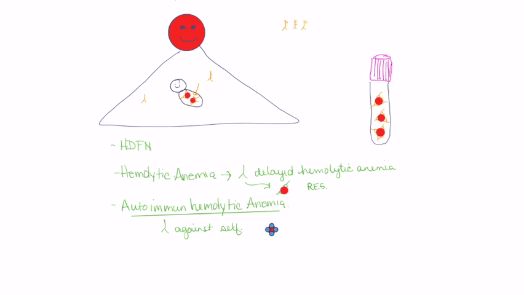The antibodies attach. They have varying specificities. They attach and again cause hemolysis a lot of times through the reticuloendothelial system again. A lot of times it's extravascular. There are some rare instances that it can be intravascular, and that can be very significant.